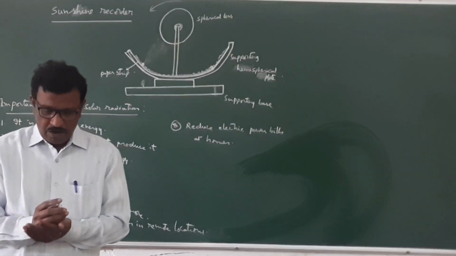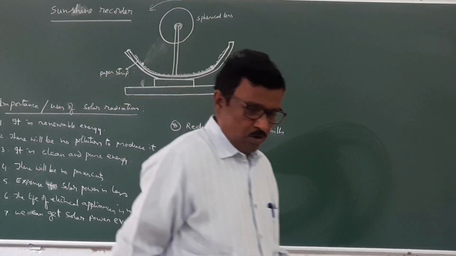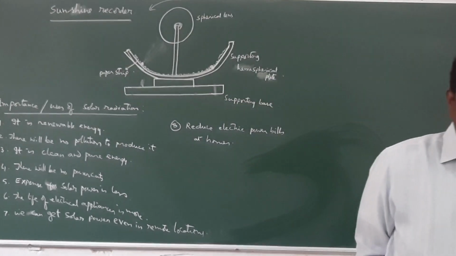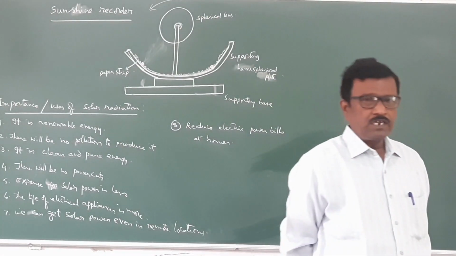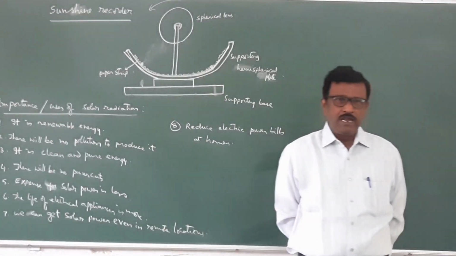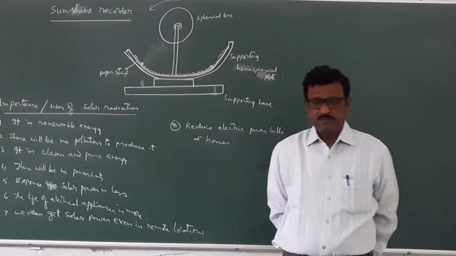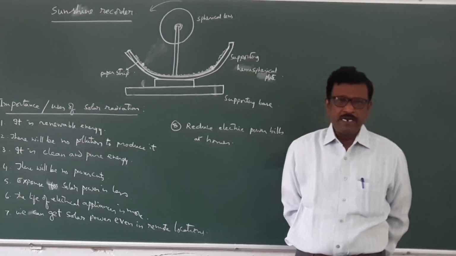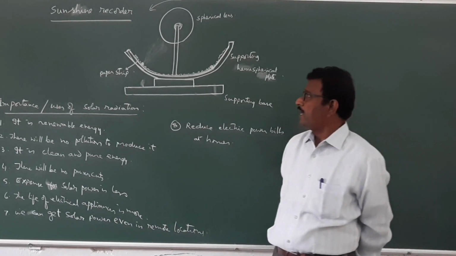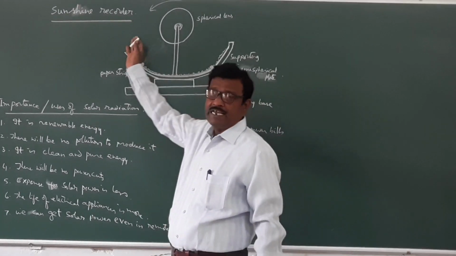So what we have discussed today, we have discussed some of the devices that are used for measurement of solar radiation, that is pyrheliometer, pyranometer and sunshine recorder.